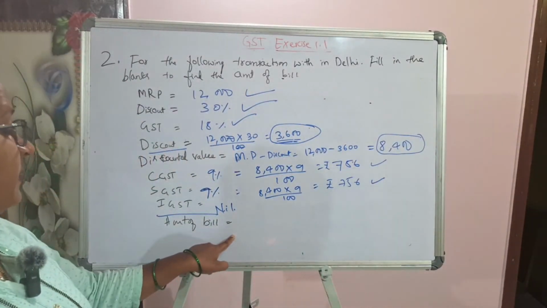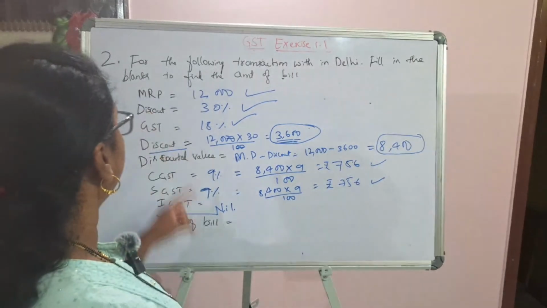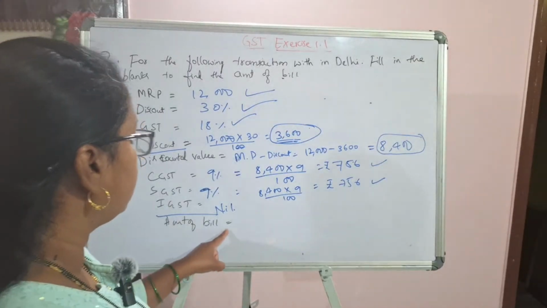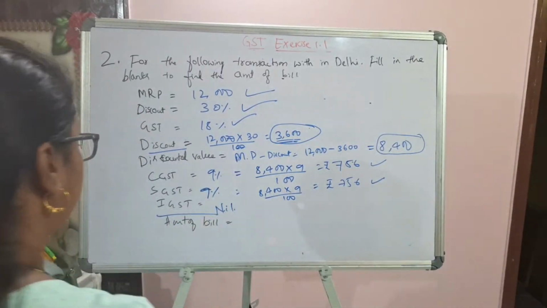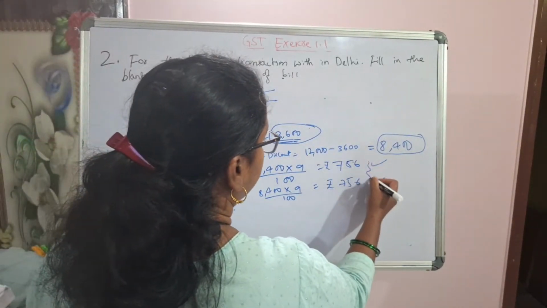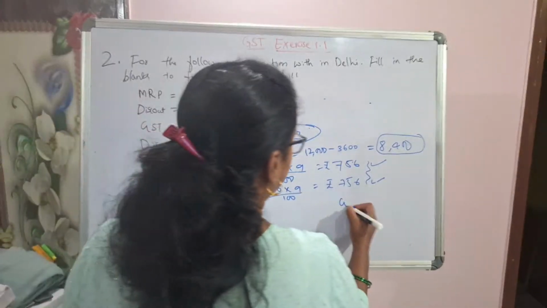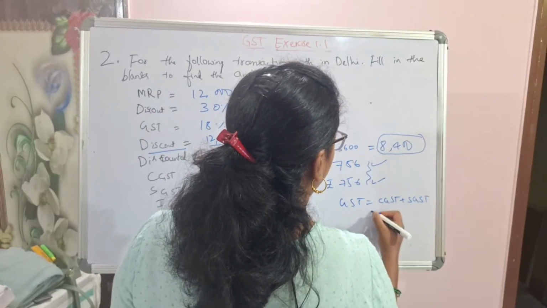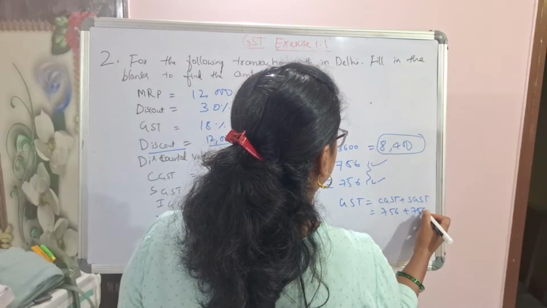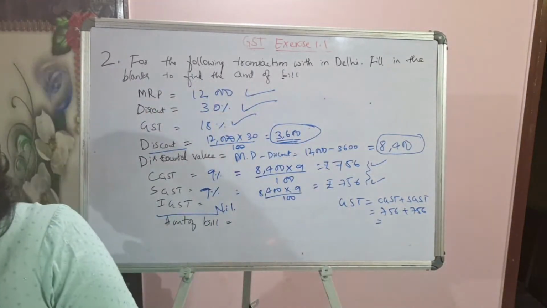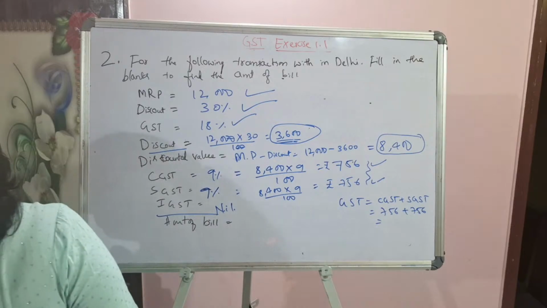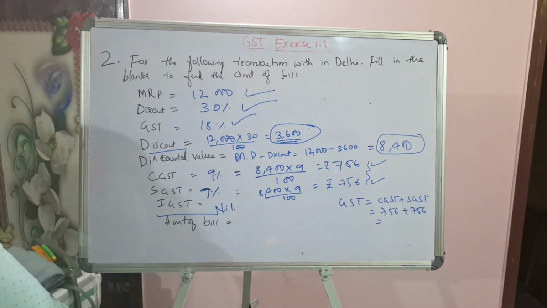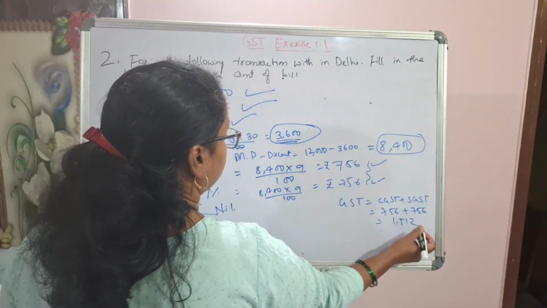To find the total amount of the bill, first we have to add up these two, that is GST is equal to CGST plus SGST, which is equal to 756 plus 756. So the GST paid is 1,512.